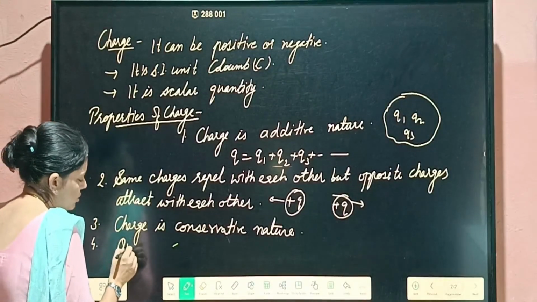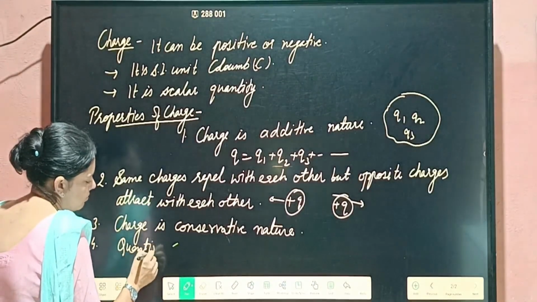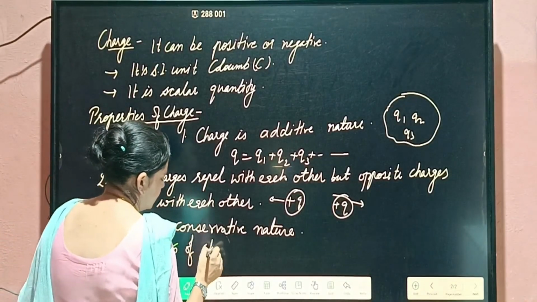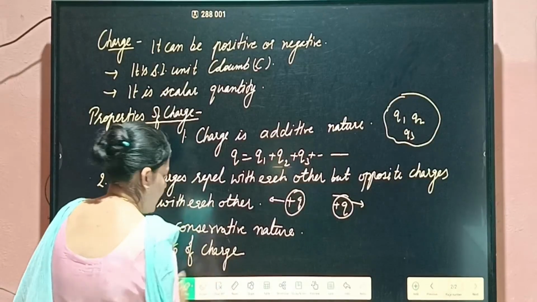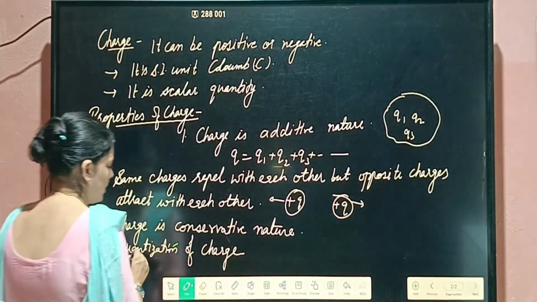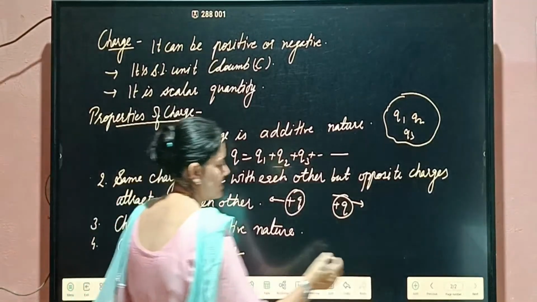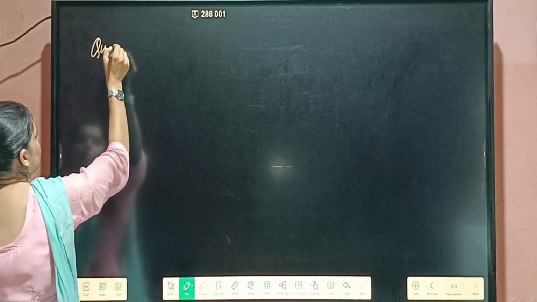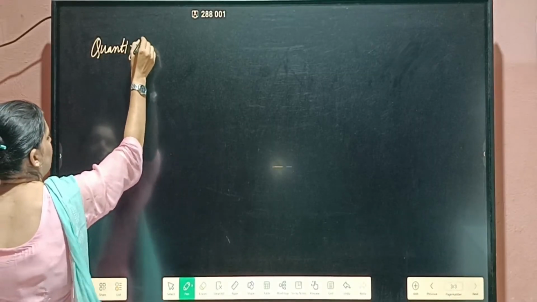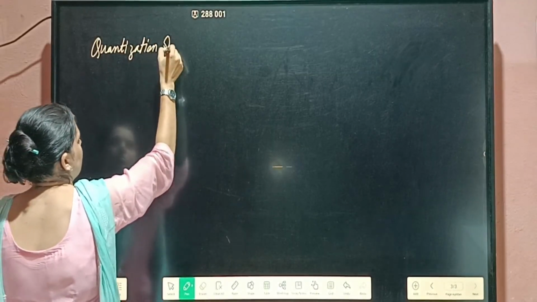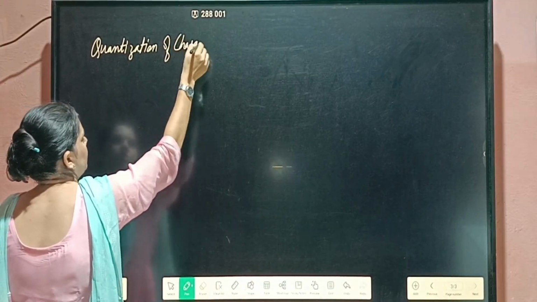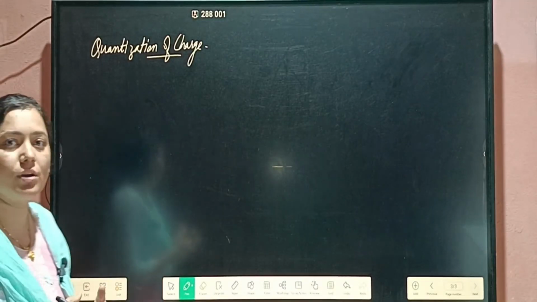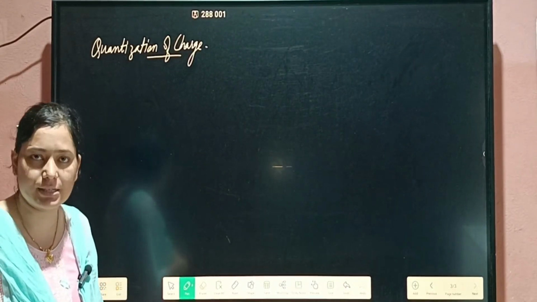Next, quantization of charge. The fourth property, quantization of charge. According to this, the total charge available on a body is always in a discrete form.